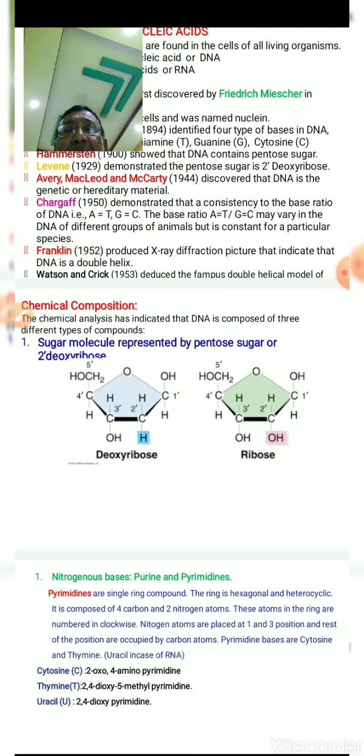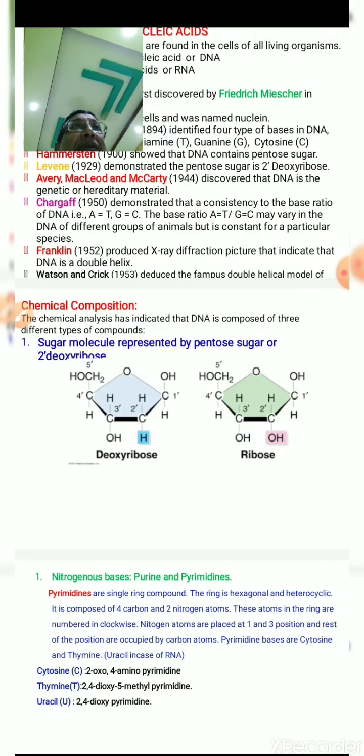Out of those 5 carbons, at the 2 position the OH is replaced by hydrogen in the case of deoxyribose sugar. But it remains the same in the case of ribose sugar, that is, the 2 position will be OH. So depending on deoxyribose and ribose, I have given it. So this is the first molecule essential for DNA, that is, the deoxyribose sugar.